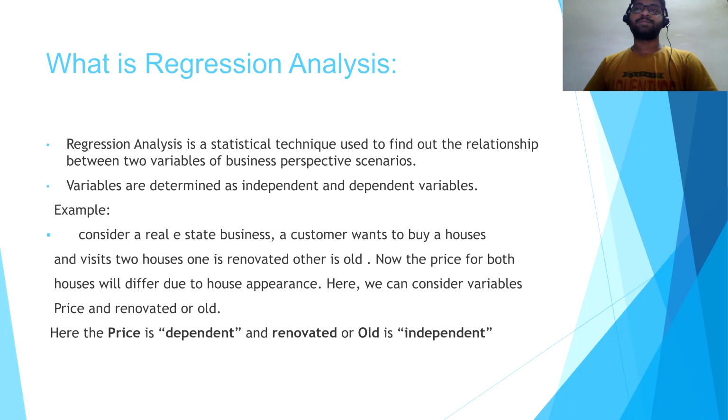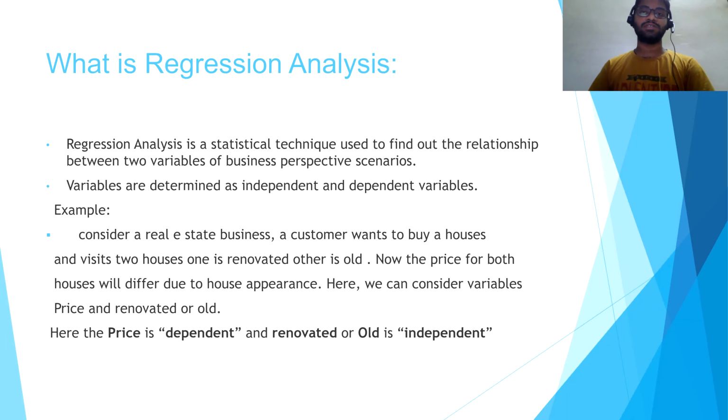So here we can apply regression, where we consider the variables to be price and house appearance, like renovated or old. The price will always be dependent and the house appearance, renovated or old, is independent. Why? Because the price of a house always increases depending on the house appearance.